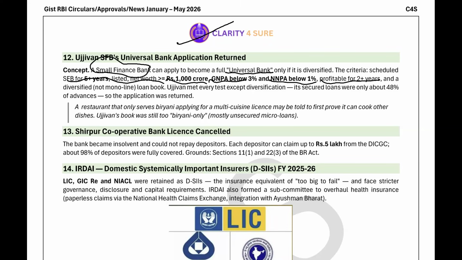Ujjivan met every test except diversification. Its secured loans were only about 48% of advances, so the application was returned. Are you getting my point? Please try to understand this news, the 12th news of the circular.